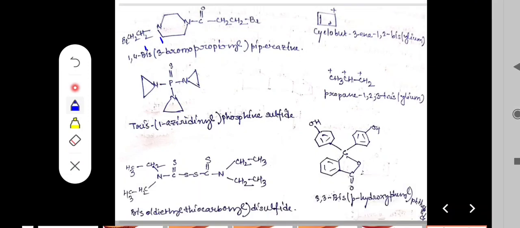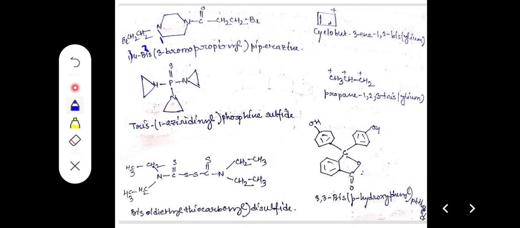Okay, I have to consider this, that should be checked. Propanoyl, 3-bromopropanoyl piperazine, that is 1,4-bis.